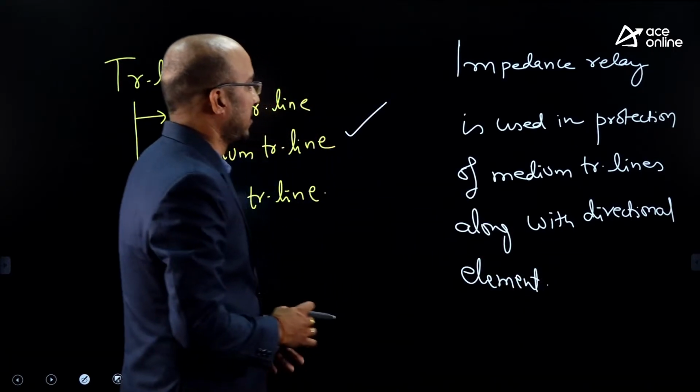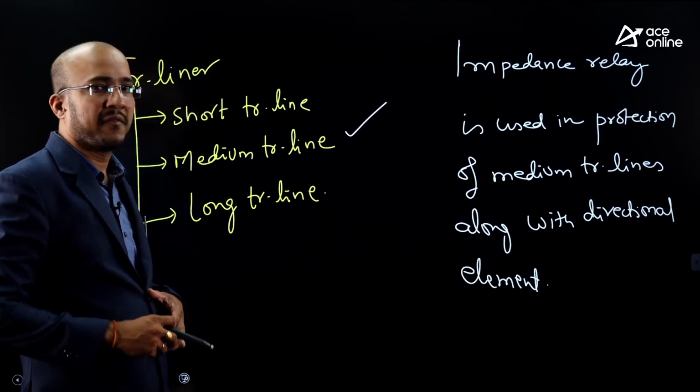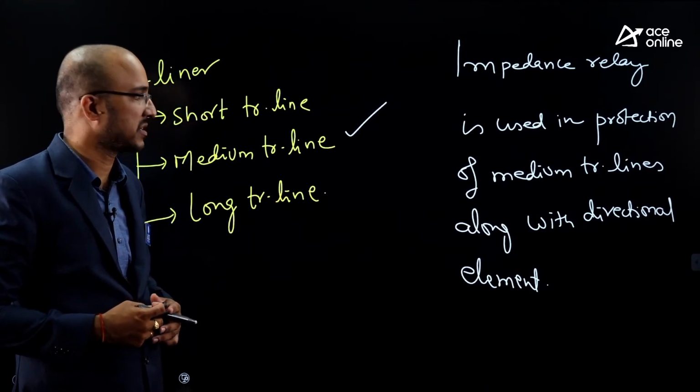Because the transmission network is interconnected, whenever you are going for interconnections, then we require a directional element.